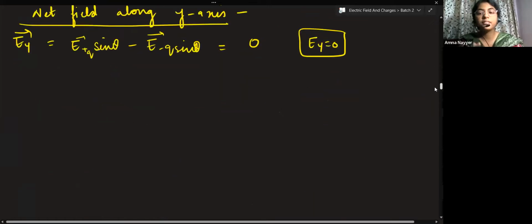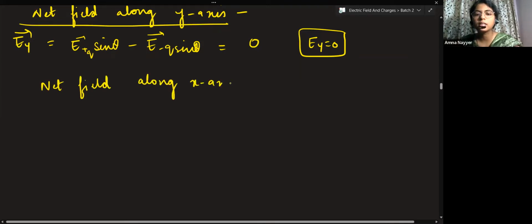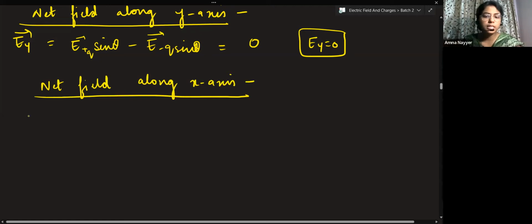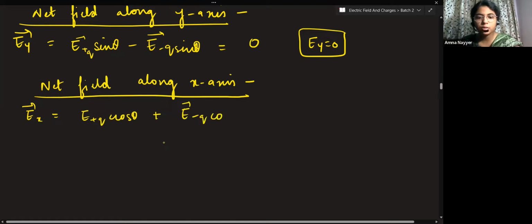So net electric field along x-axis will give us the electric field. Net field along x-axis. Now see, Ex will be E plus Q cos theta plus E minus Q cos theta.